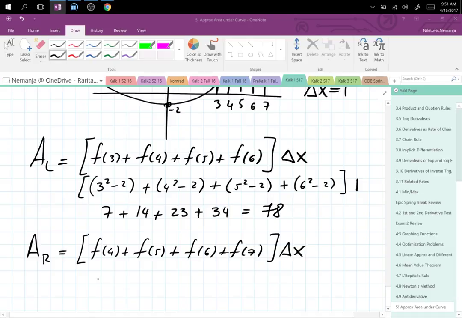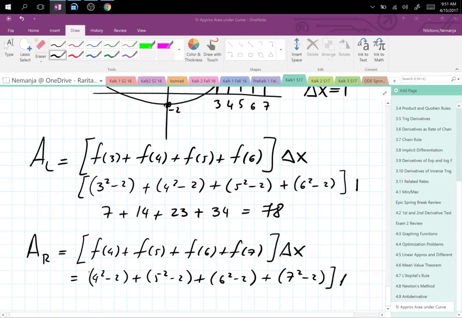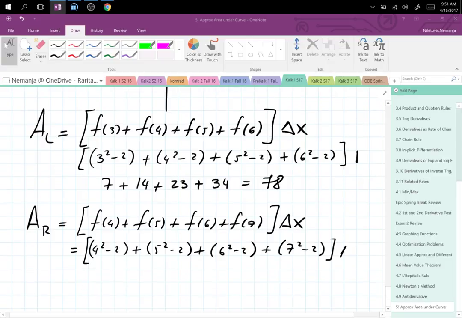So what do I have? 4 squared minus 2 plus 5 squared minus 2 plus 6 squared minus 2 plus 7 squared minus 2. All of that times 1. 14 plus 23 plus 34 plus 47.